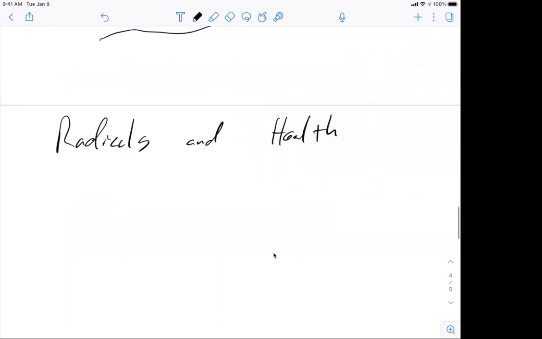Radicals are considerably high energy, and because they're high energy species, in most cases they have low selectivity.